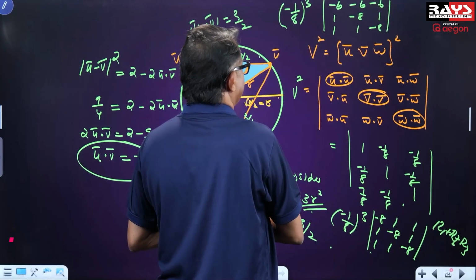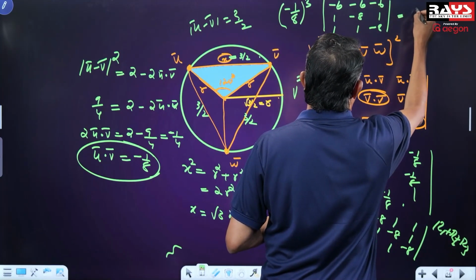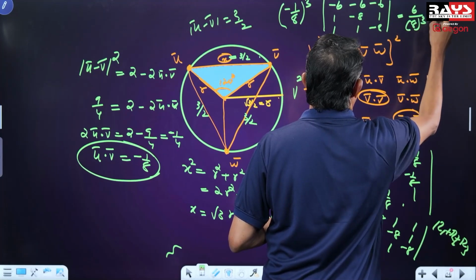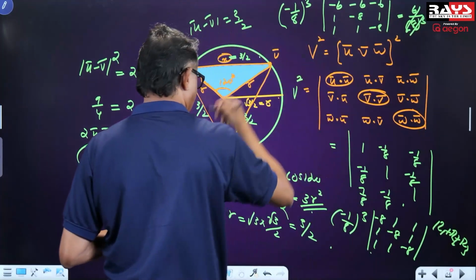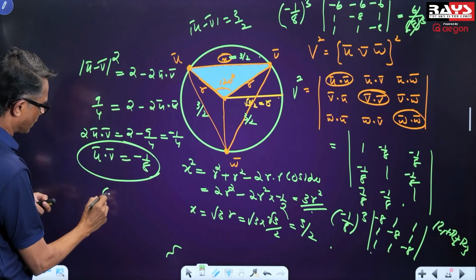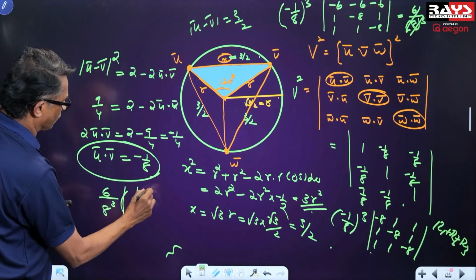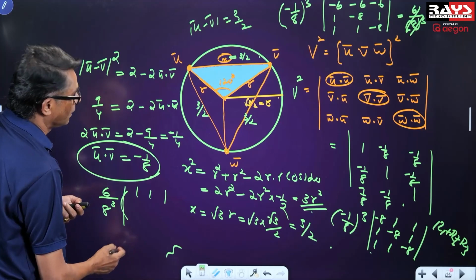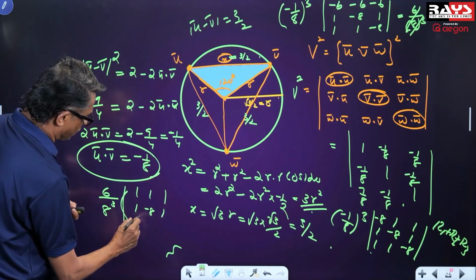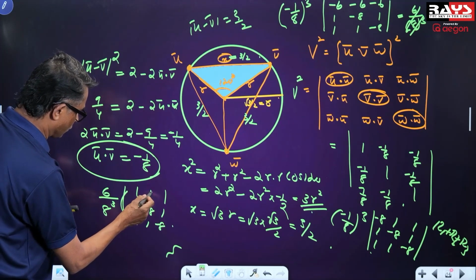Minus 6 we can take outside, so minus becomes plus: 6 by 8 cube into the determinant with first row 1 1 1.